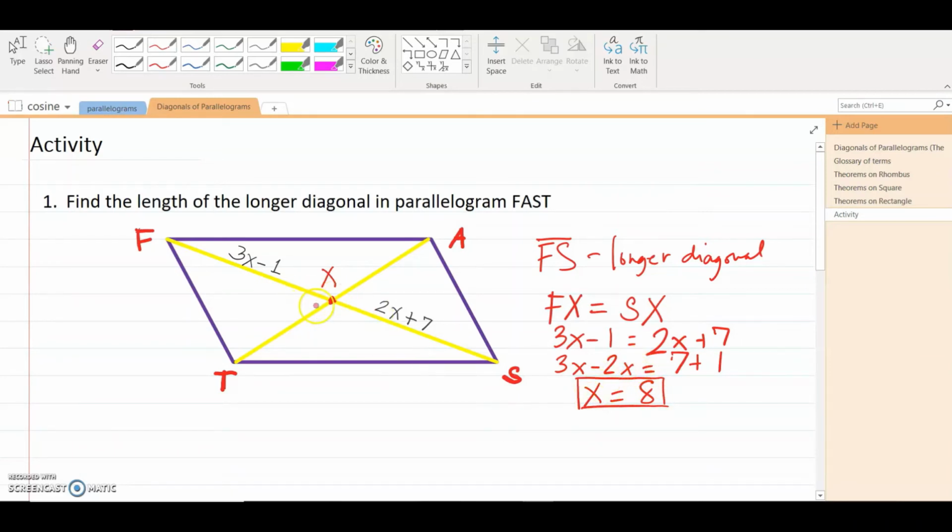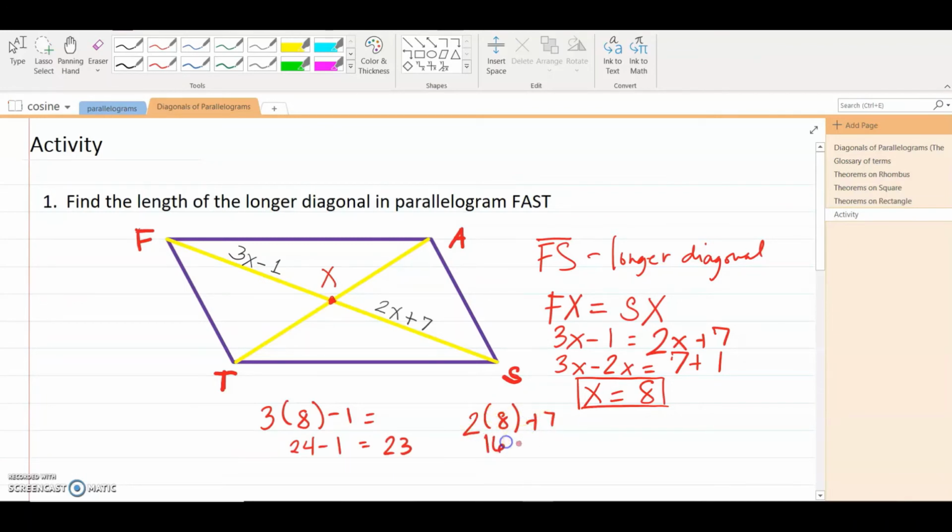What is now the length of the longer diagonal? So we know that the value of x is 8. So we have FX, so 3x minus 1. So you have 3 times 8 minus 1. So that will be 24 minus 1. So the answer is 23. For SX, we have 2 times 8 plus 7.